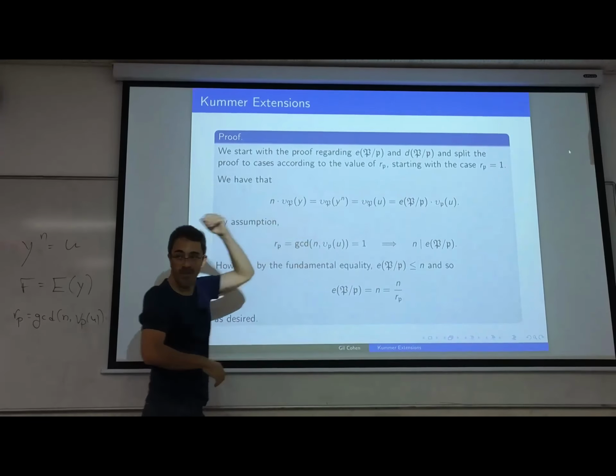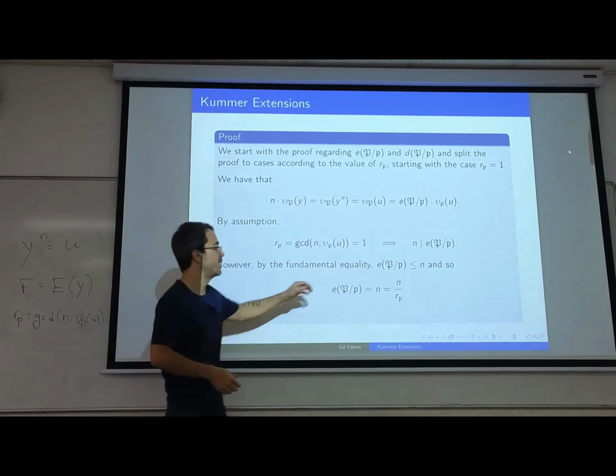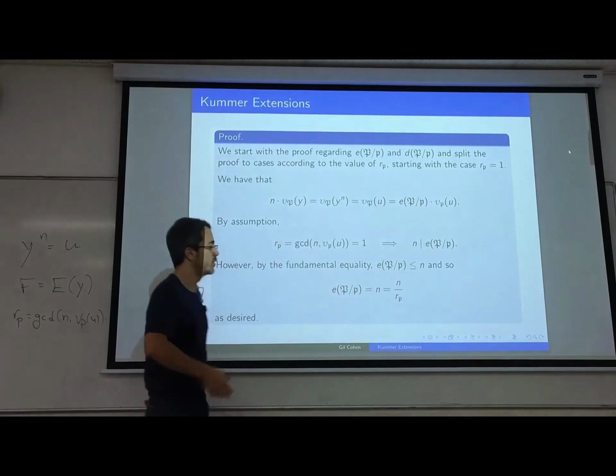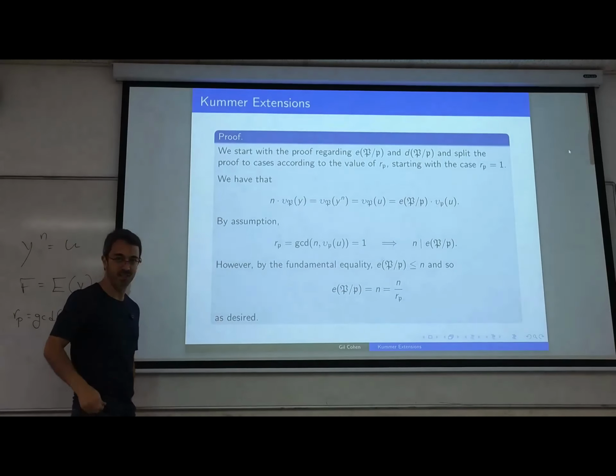But the ramification index is at most N, the degree of the extension, by the fundamental equality, but also by what Kummer did many years ago. So really what you have is that the ramification index is exactly N. And I wanted to show that it's N over R_P, but in our case R_P is 1, so it's N over R_P.